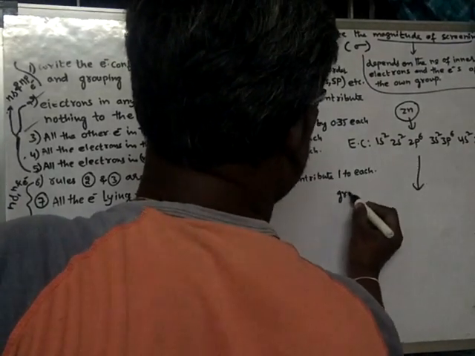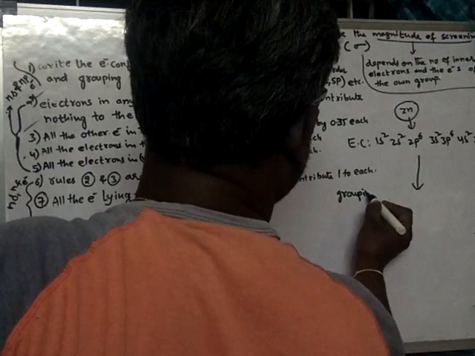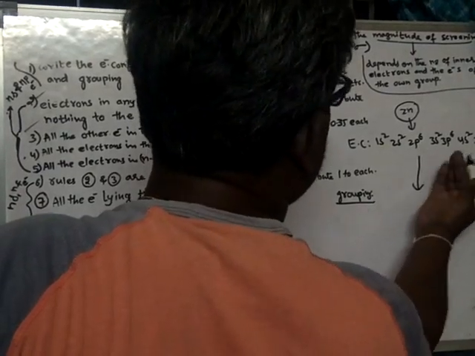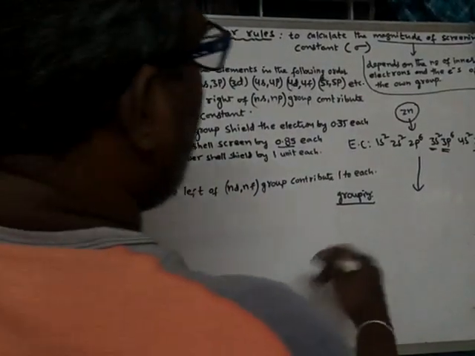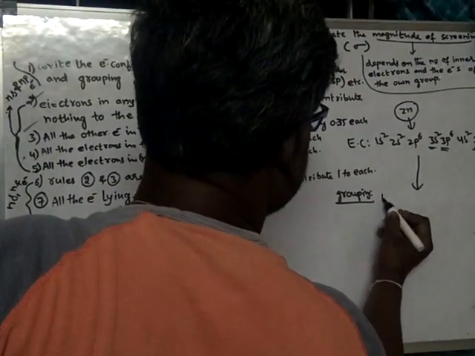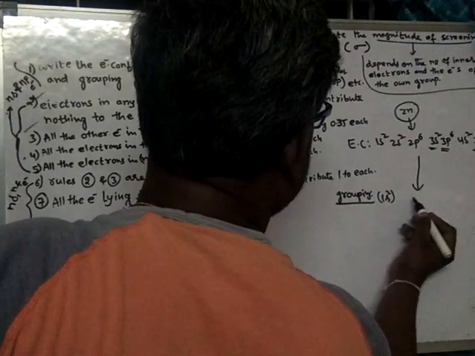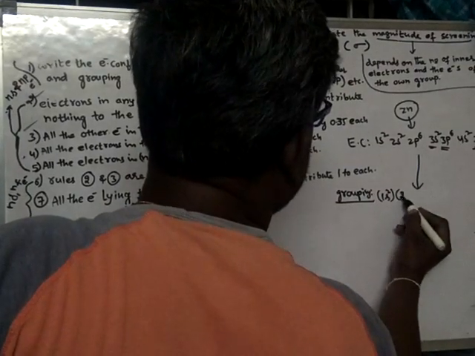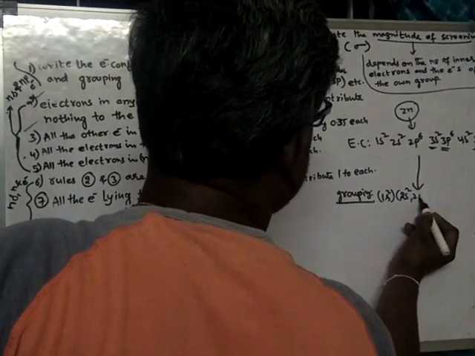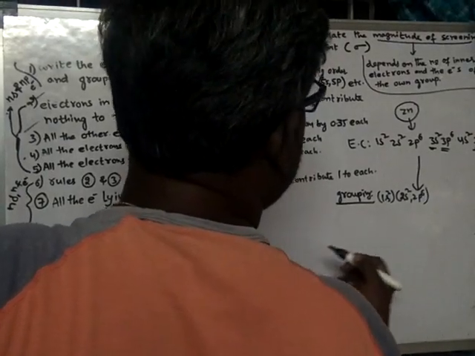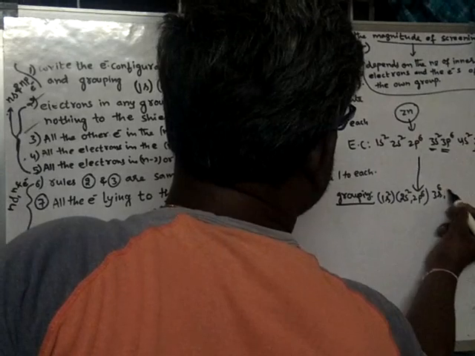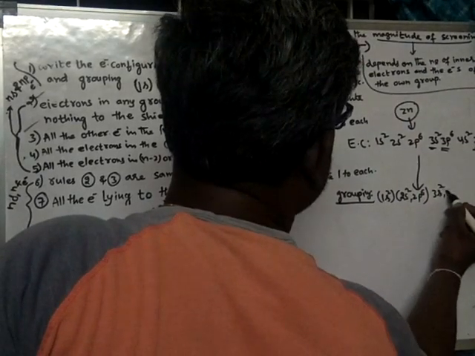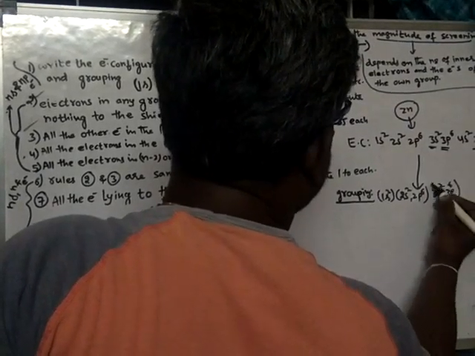To do that, we bring all the subshells of the same orbit together and group them. 1s will be one group. 2s, 2p6 will be another group. 3s, 3p is another group.